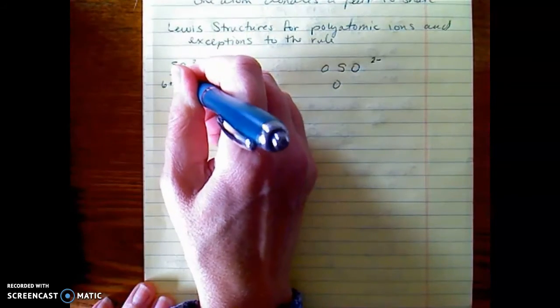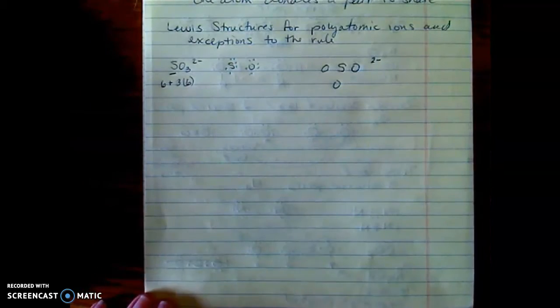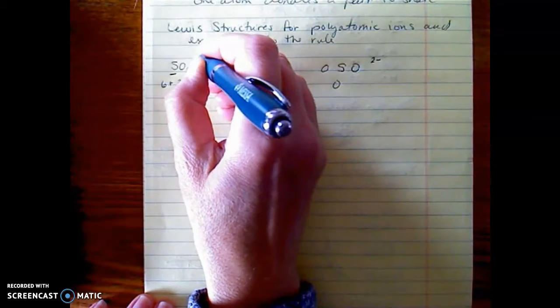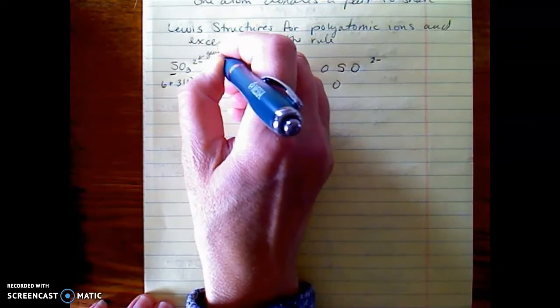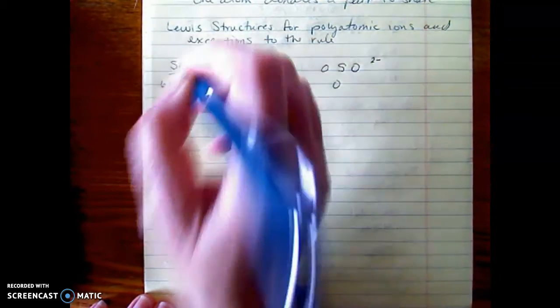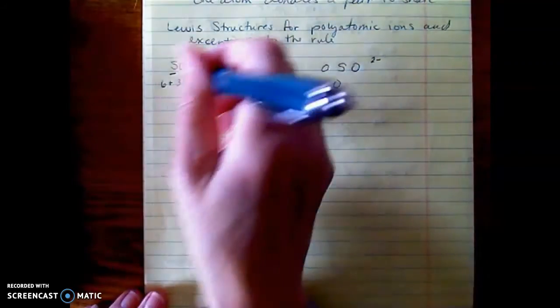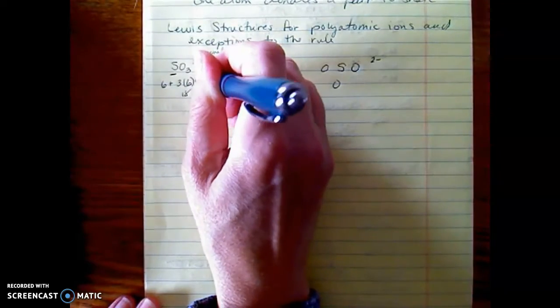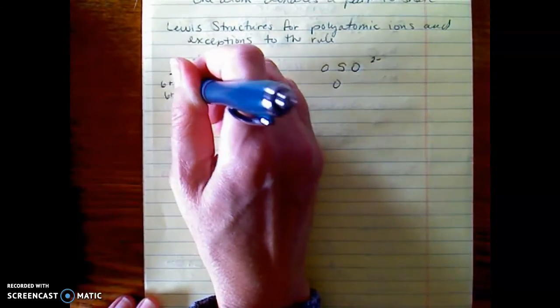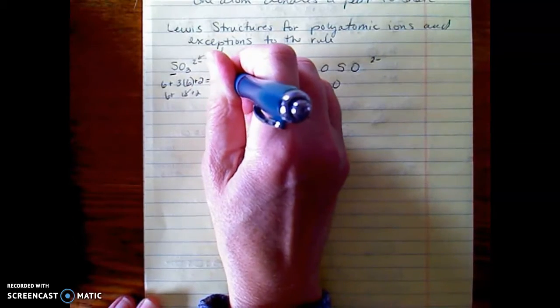Oxygen has 6, but there are 3 oxygens. And then this -2 means that something gained 2 electrons, so we have to add 2 extra electrons. That gives us a total of 26 electrons.